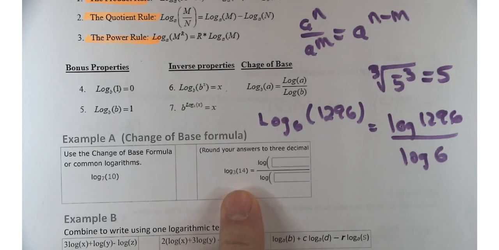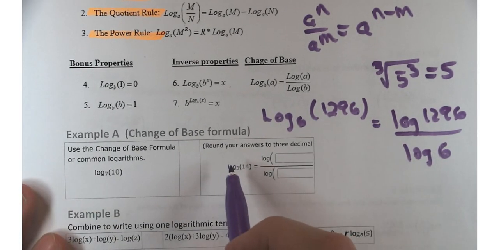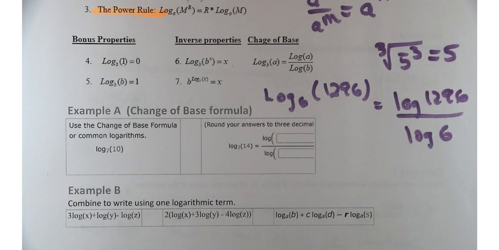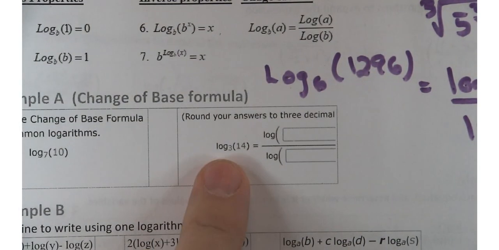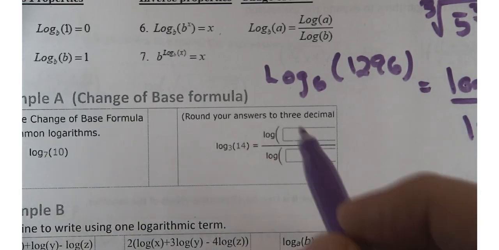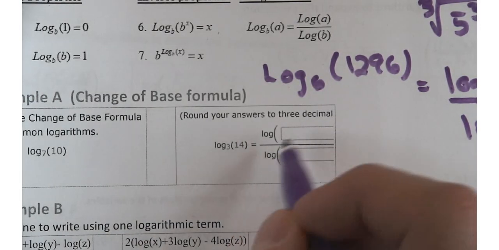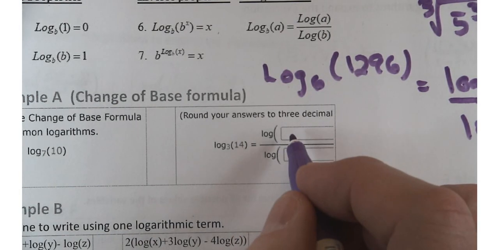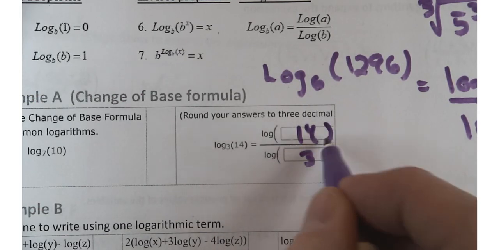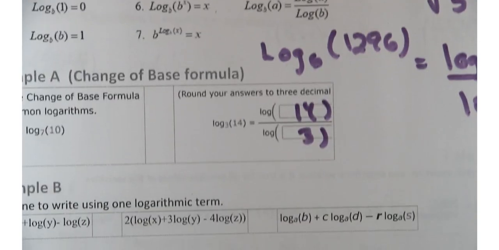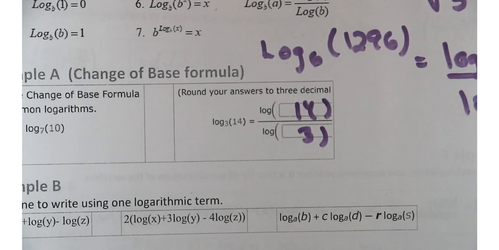Let's see. You might be asked to fill out something like this in the homework, in which case log base 3 of 14, what would that equal? Well, WebAssign is kind of working you through that. It's asking you for a 14 here and a 3 here. So there'd be your log base 3 of 14.